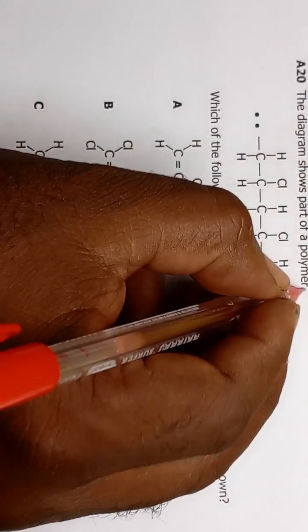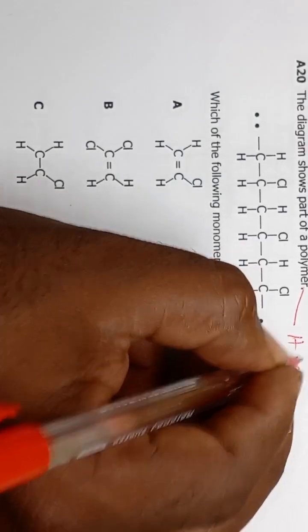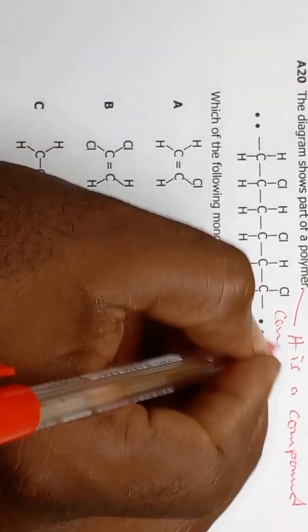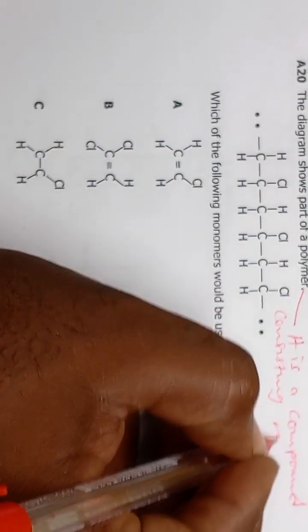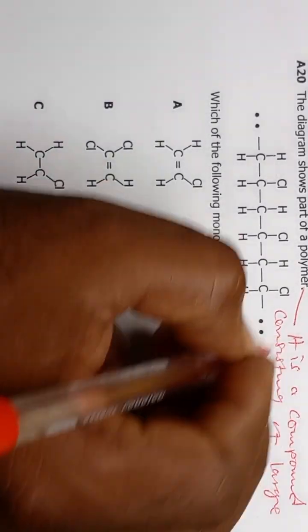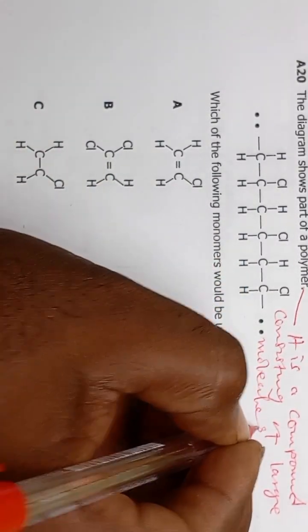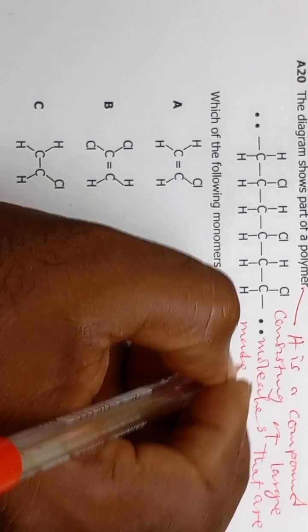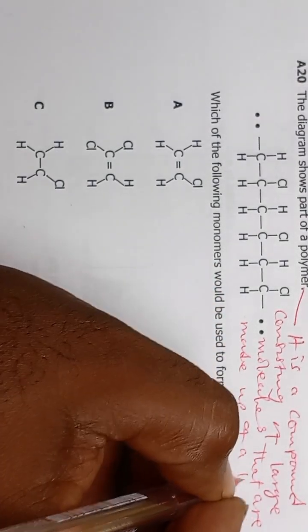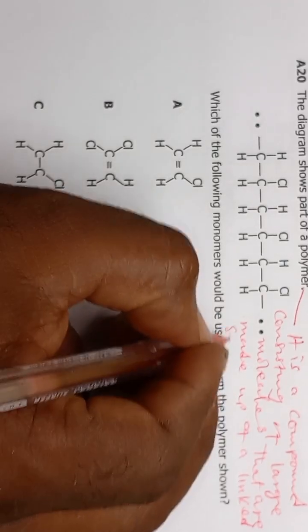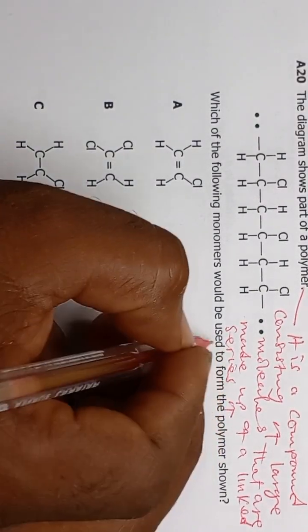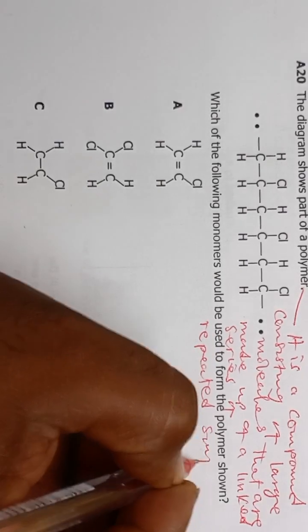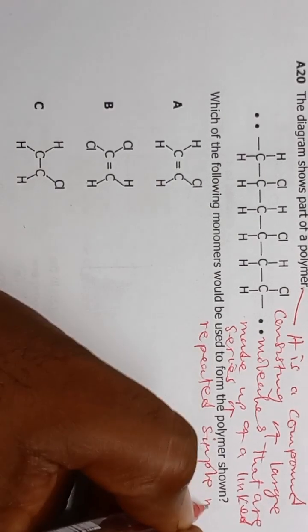A polymer is a compound consisting of large molecules that are made up of a linked series of repeated, mark the word repeated, simple monomers.